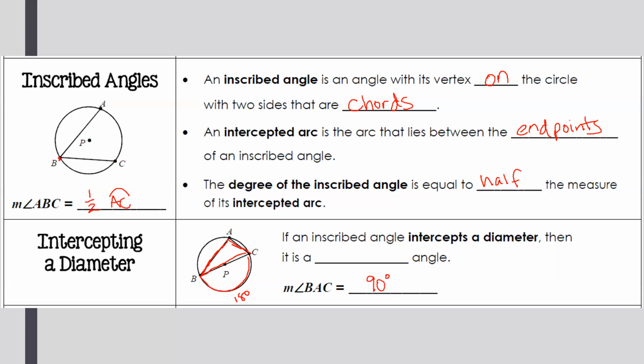So if an inscribed angle intercepts a diameter, then it is a right angle. I jumped ahead in the notes. There we go. An inscribed angle intercepts a diameter, and it's a right angle because a diameter intercepts half of a circle, and half of 180 is 90. So no matter where that angle is, if it's intercepting your diameter, it's going to be a 90-degree angle.